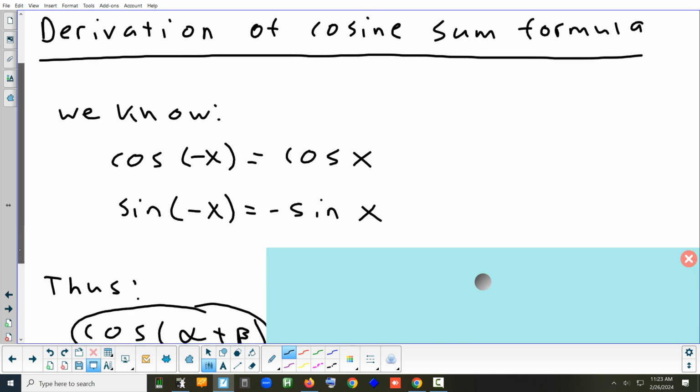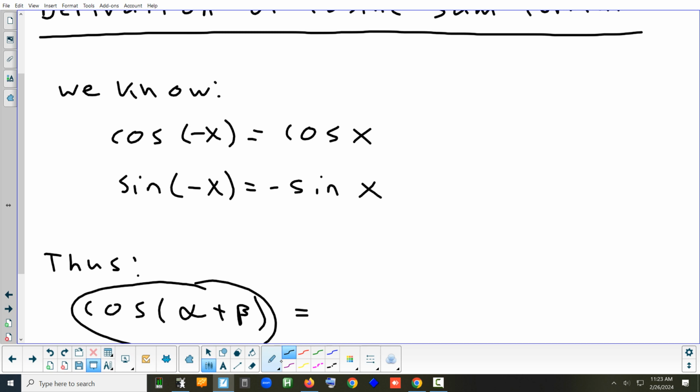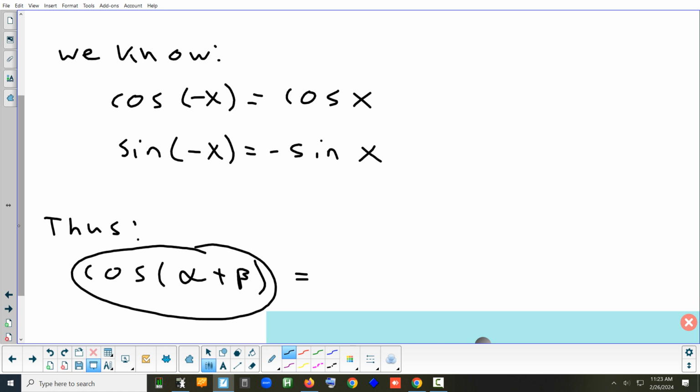Okay. So, I want to figure out the formula for cosine of a sum. What's the cosine formula we know how to do right now? Or what's the situation we know how to deal with?